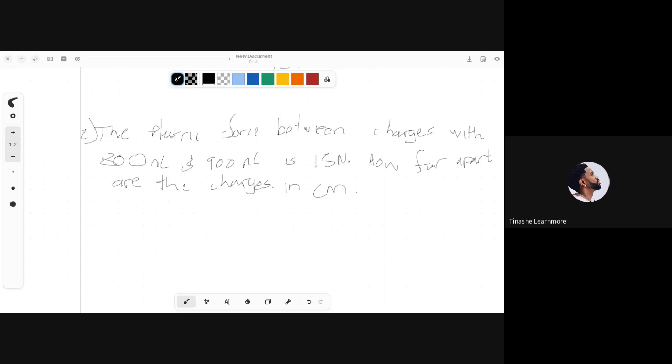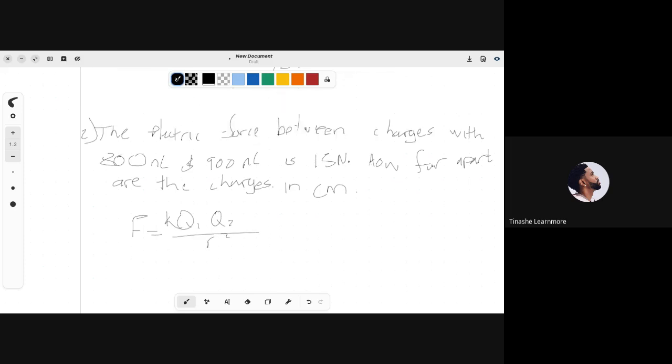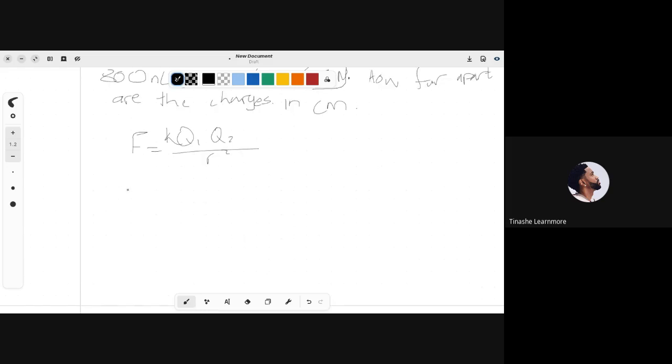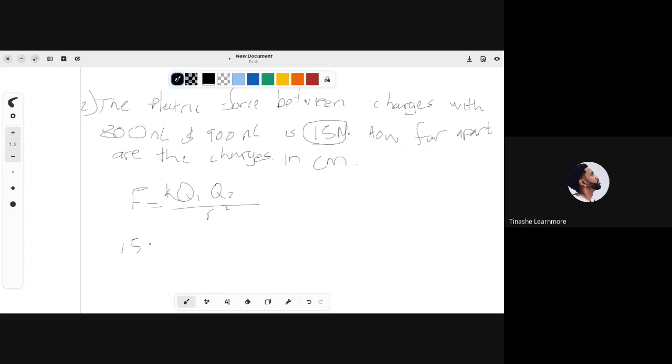Yes, it's 2.08 centimeters. Okay, so we start off with F equals K Q1 Q2 all over R squared. Then we perform the substitutions of what we have. The electrostatic force between those two is 15, and this is just newtons, so I don't have to perform any conversions.